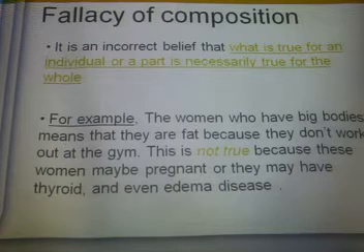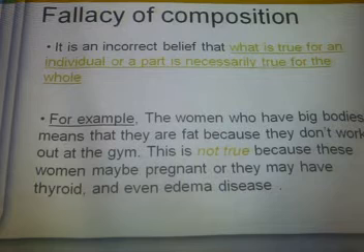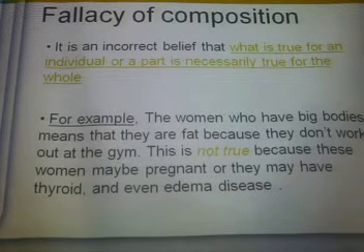Fallacy of composition is the incorrect belief that what is true for an individual or a part is necessarily true for the whole. For example, women who have big bodies are fat because they don't work out at the gym.